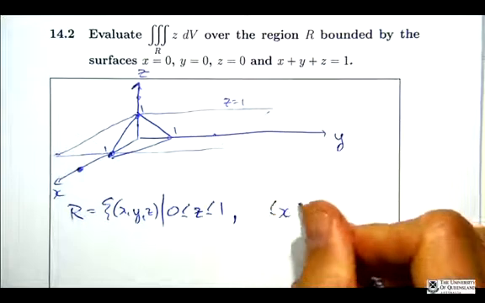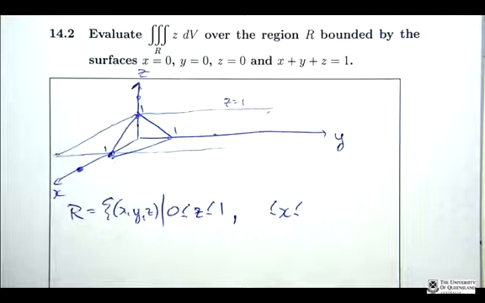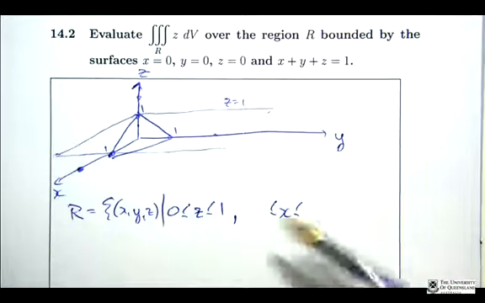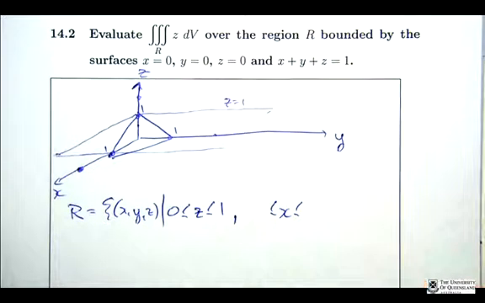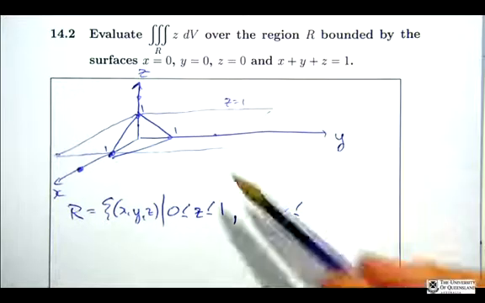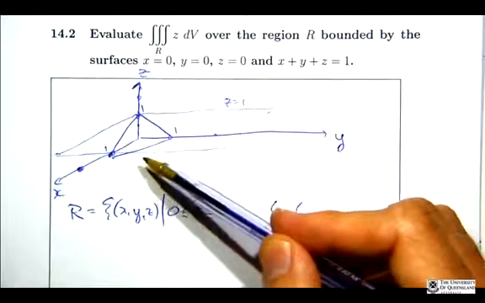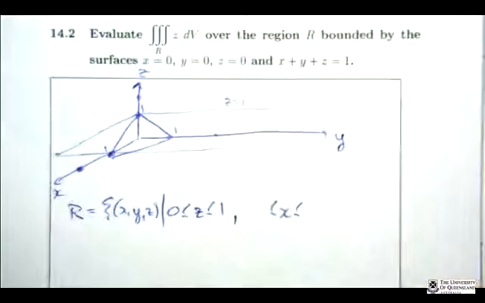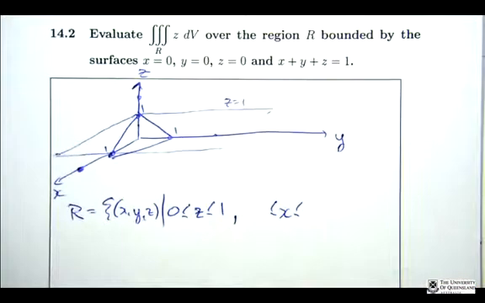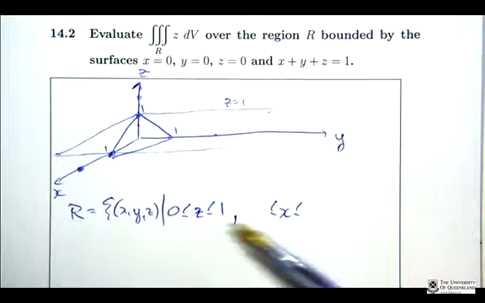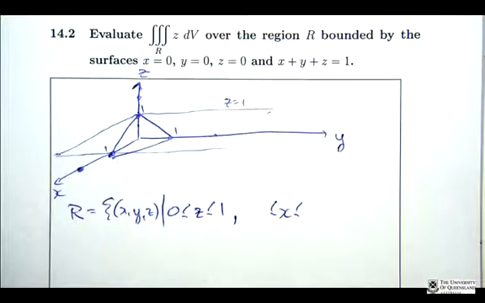The next variable I'll choose, and you could do this in any other order by the way, is x. So given these bounds for z, what are the bounds for x? What we'll do is look at this three-dimensional region projected onto the xz plane, because x and z are what I'm interested in at the moment.